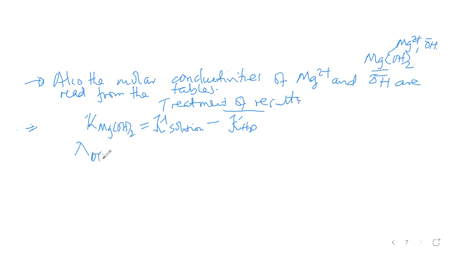This one is got as molar conductivity of magnesium ions at infinite dilution plus twice molar conductivity of hydroxide ions at infinite dilution. Why do I multiply the molar conductivity of hydroxide ions at infinite dilution by 2? Because in the formula of magnesium hydroxide, there are 2 hydroxide ions. We also get that value.